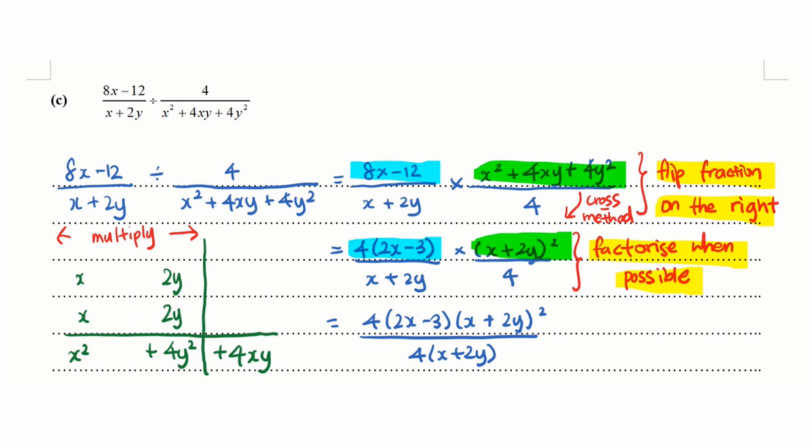I am temporarily ignoring this plus sign first, so let me just put it there first. Then we do our cross multiplication, and in this column over here, we will be doing addition. So when we do a cross multiplication, x times 2y will give me 2xy. x times 2y over here will also give me 2xy.